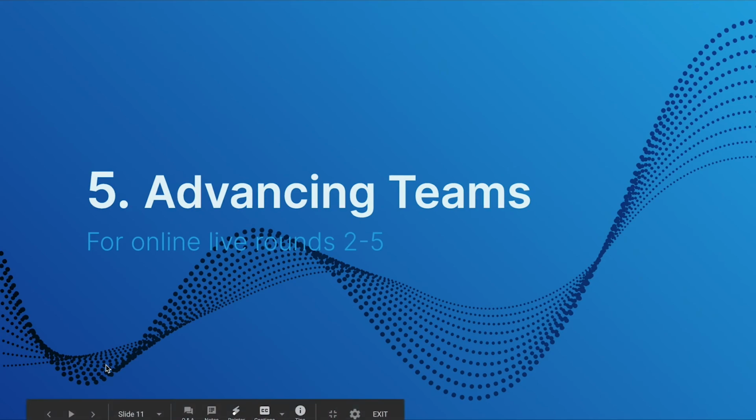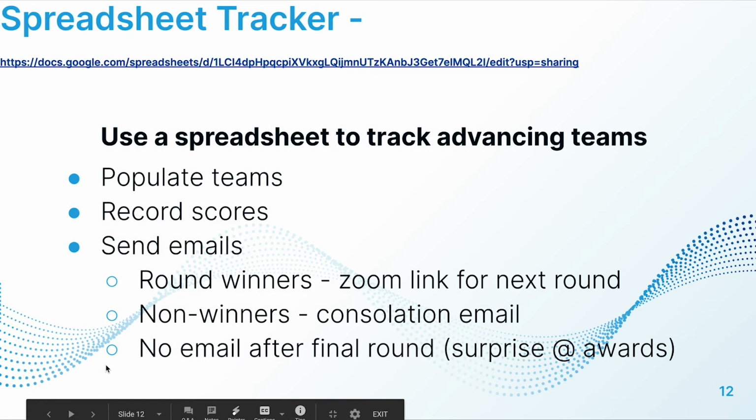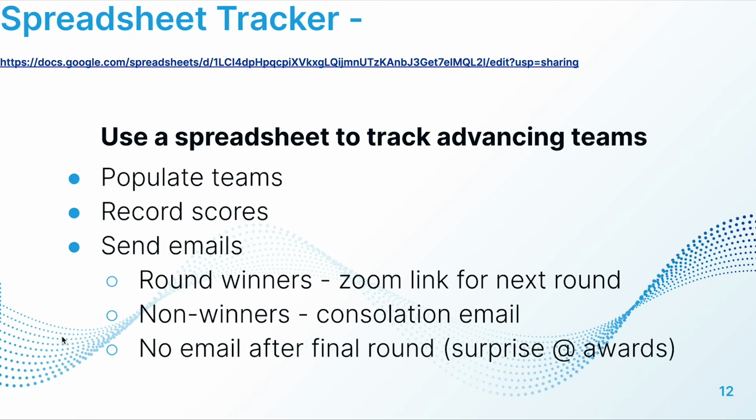This section will go over advancing teams. We used a spreadsheet to track advancing teams, and what we did was we populated that spreadsheet with the teams that qualified, 1 through 16 seed for secondary, 1 through 4 seed for post-secondary. You record their scores after the rounds are over. For the winners of each round and bracket, you send the Zoom link for the next round to that team at a designated email.